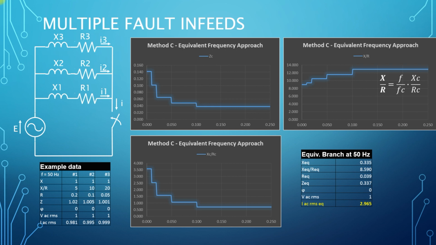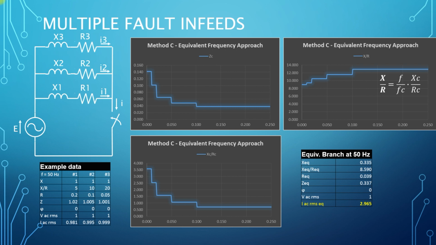And if we think about this, increasing the X upon R ratio will decrease the rate at which the DC component of current decays, and that will bring the response back into line with the theoretical calculation that we derived from the differential equations. The other thing we need to do is to formulate the equivalent branch at 50 Hz so that we can calculate the steady state current.